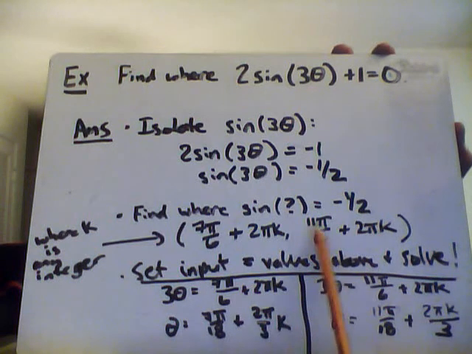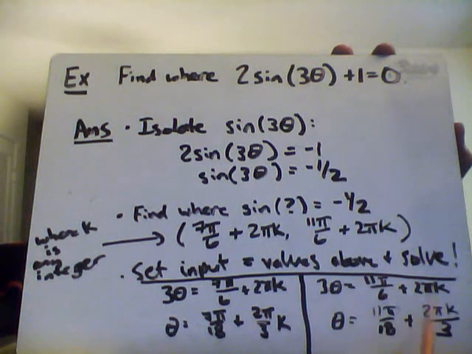In our second branch, we had 11 pi over 6 as a possible unit circle solution. So we're going to set 3 theta equal to 11 pi over 6 plus 2 pi k. When we divide by 3, we end up with 11 pi over 18 plus 2 pi k over 3. Again, sometimes it's okay to leave your solution in this form. It depends on what you're asked for.